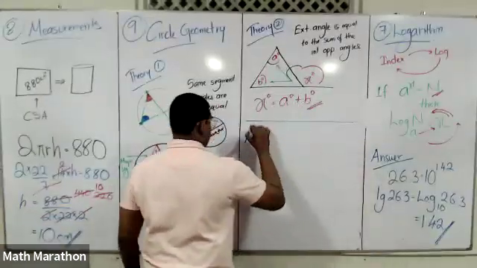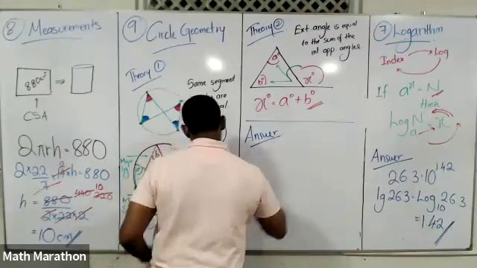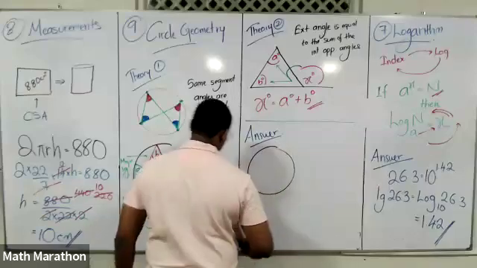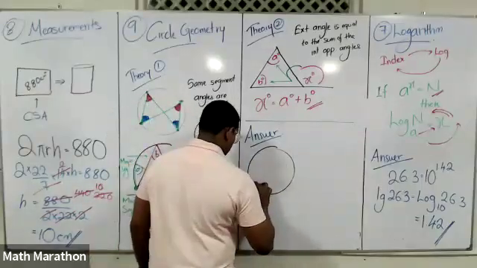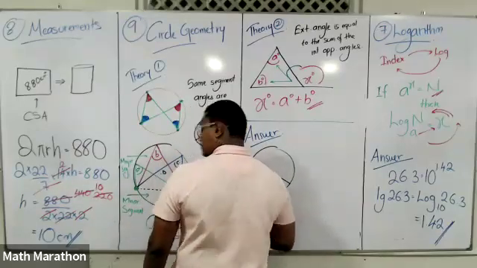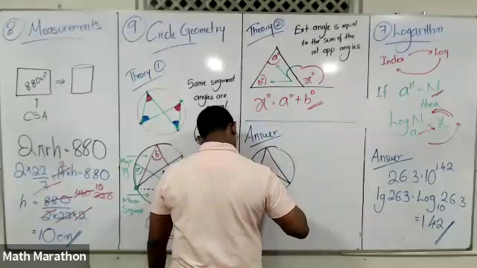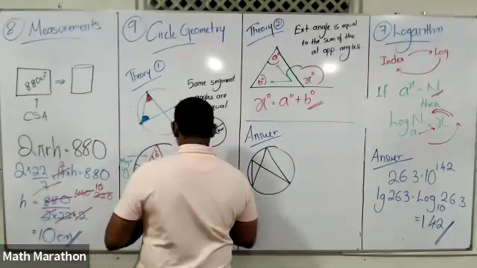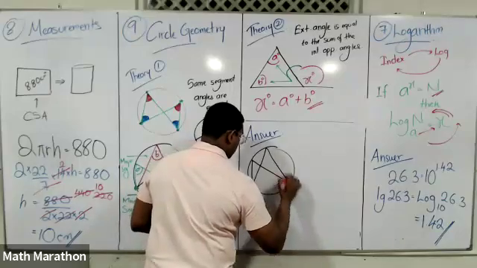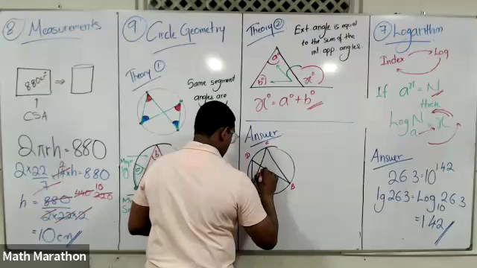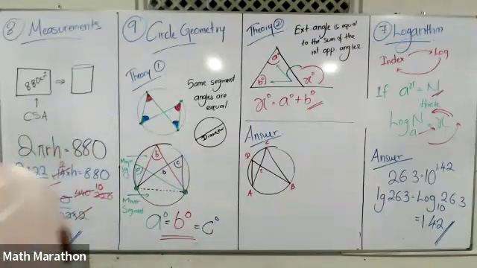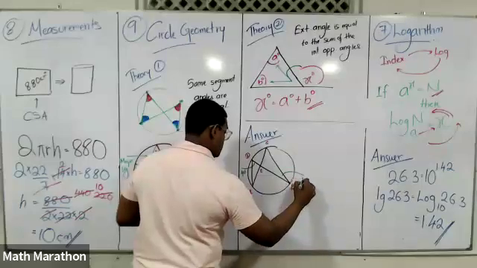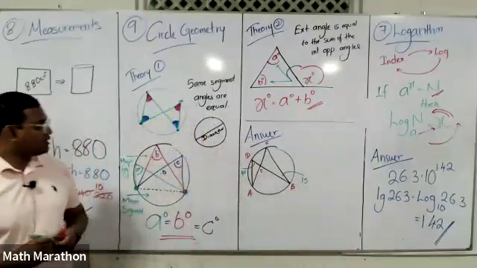So these are the two theories you require for this question. So what do I have? I have a circle, A B, 40 and 15.